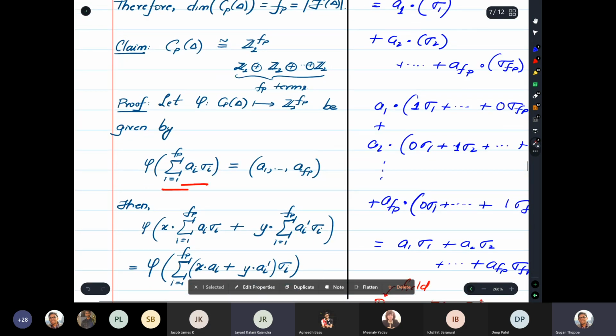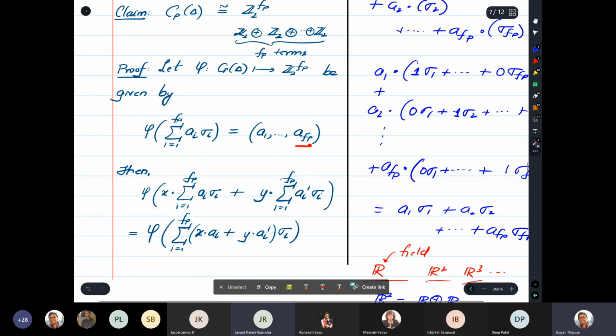Well, you take this formal sum, which is the sum over i equals 1 to Fp of a_i sigma_i, and you map this to the vector where the first coordinate is a_1, the second coordinate is a_2, and all the way up till the last coordinate being a_Fp. So notice that the number of coordinates here is Fp in number, because the sum goes from i equals 1 to Fp. So I hope you agree that this is an element of Z2 to the power Fp.